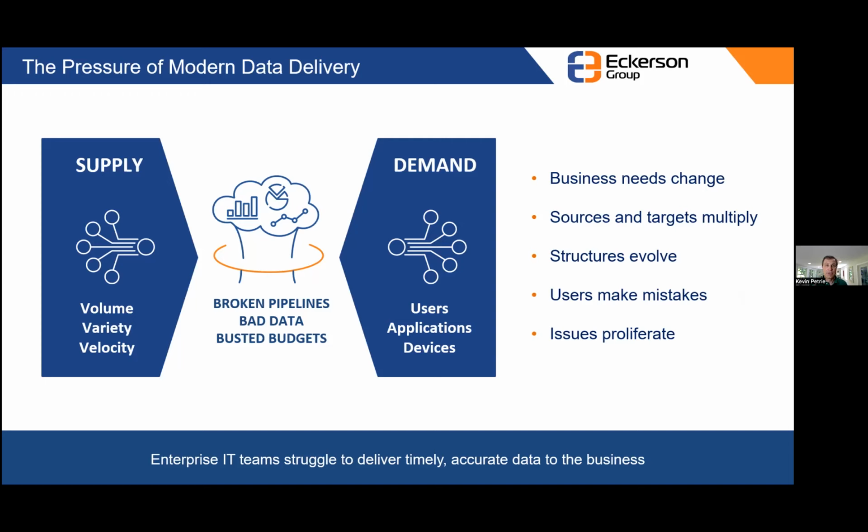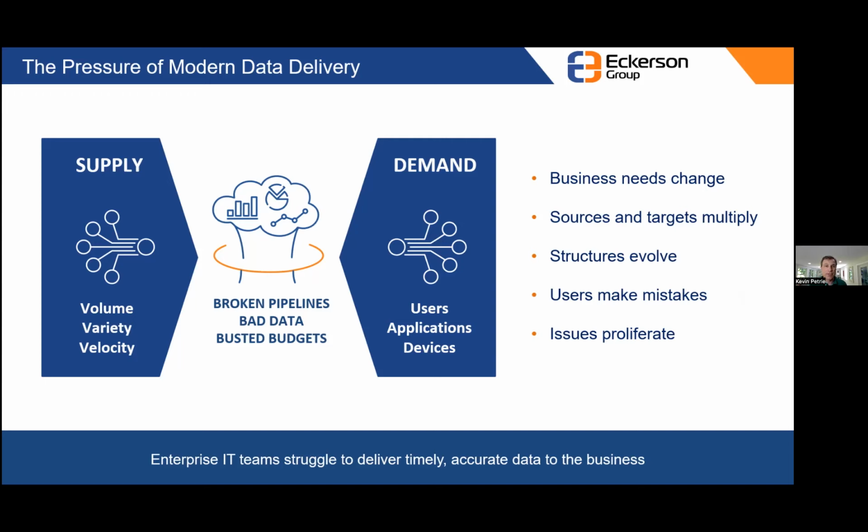So there's booming supply, booming demand. In between, data engineers, especially, and data teams are caught because they're trying to build the pipelines that will deliver the data to the right user at the right place in the right form. What can happen is that you have broken pipelines, bad data, busted budgets, and this is all caused by the reality of business, which is that your business needs change.